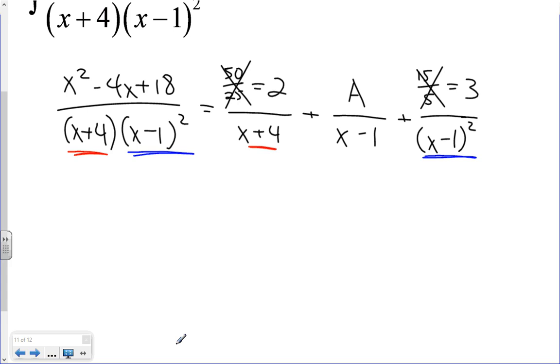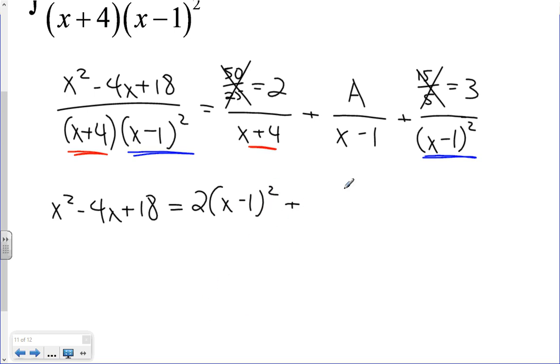So when I multiply everything by this x plus 4 times x minus 1 squared, I'll be left with just x squared minus 4x plus 18 on the left side. Over on the right side, when I multiply this by the x plus 4, that will cancel that out, and I'll be left with 2 times x minus 1 squared.